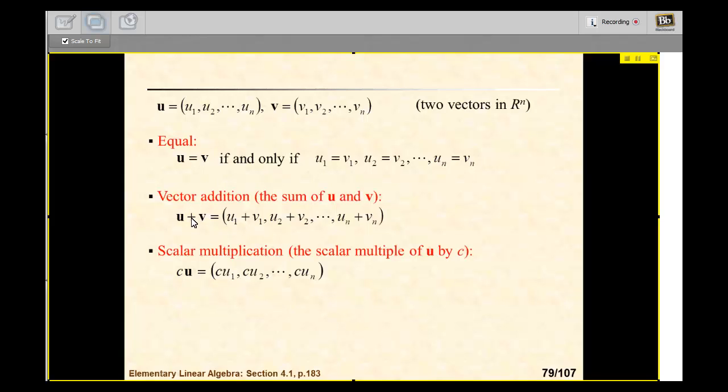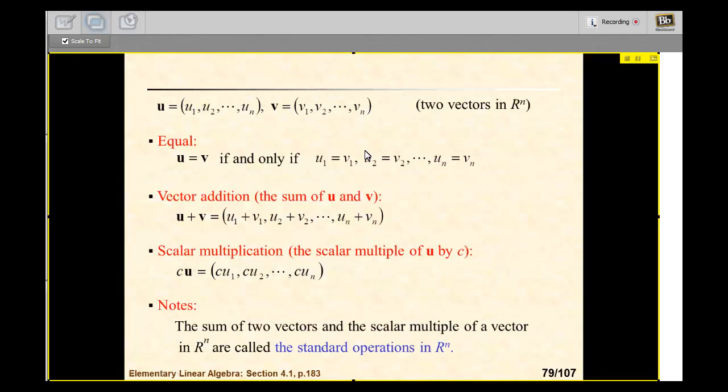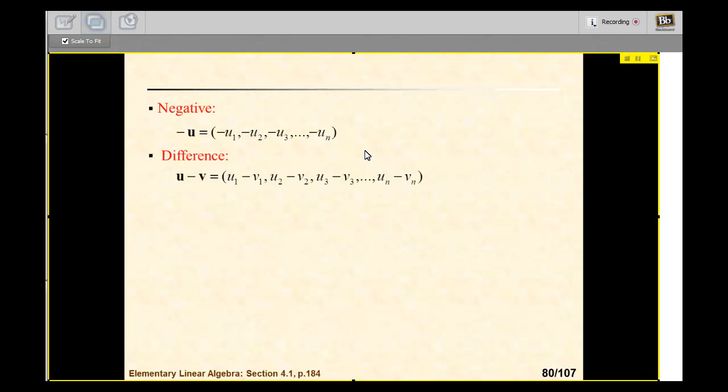If we have two vectors u and v, how can we put them equal? u is equal to v. If we are going to add, then we will add the corresponding elements, u1 to v1, u2 to v2, u3 to v3. Similarly, if we multiply any vector with a constant, then we have to multiply every element of that vector. So these things we discussed already.